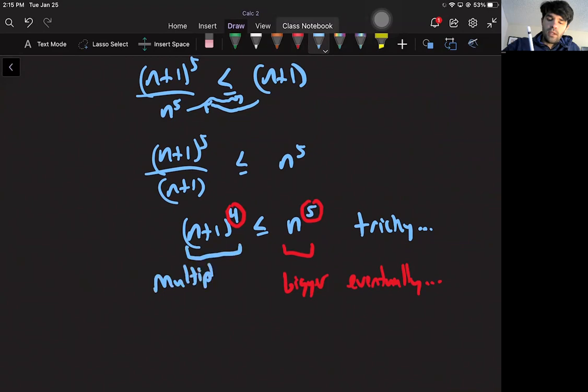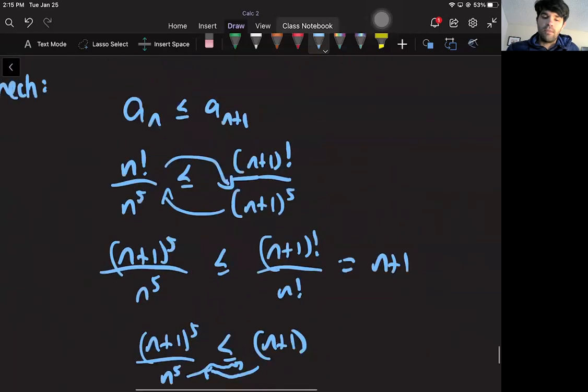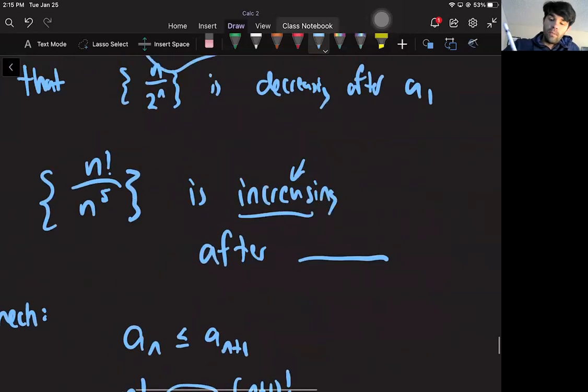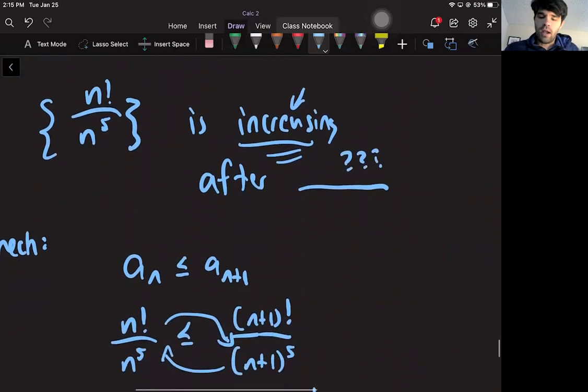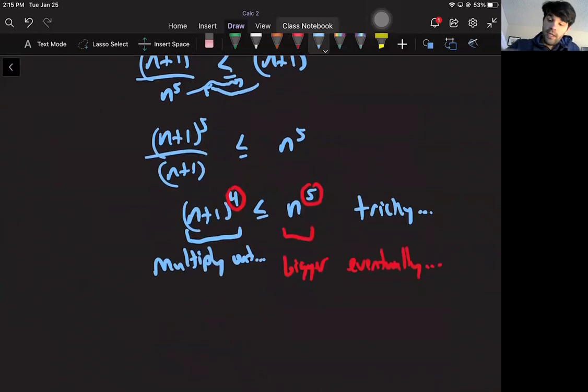So let's just leave it at this. Let's just say that we did show it's increasing, but it's too much work to be specific about after which value. Okay, but yes, n to the fifth will eventually be bigger than (n plus 1) to the fourth power.